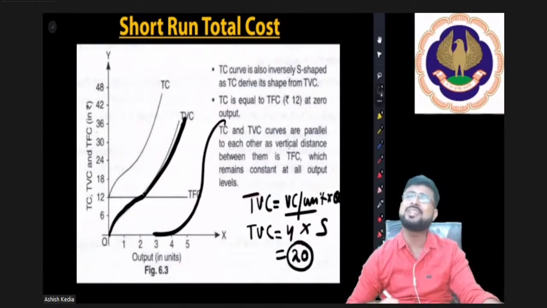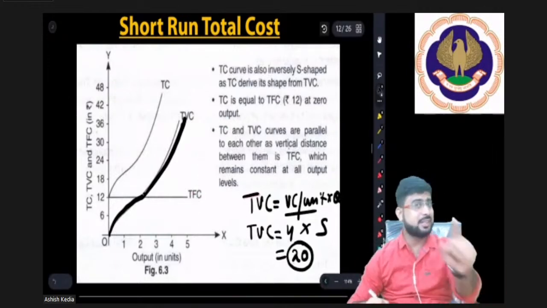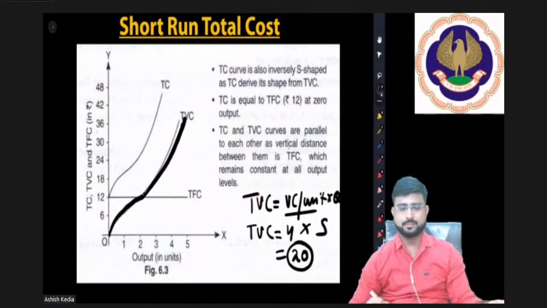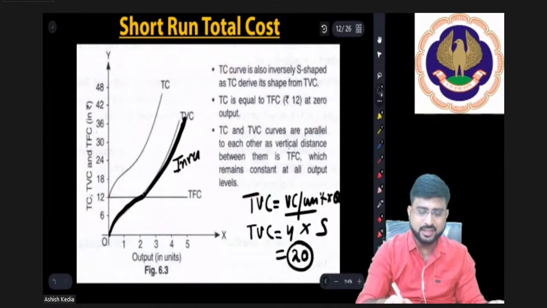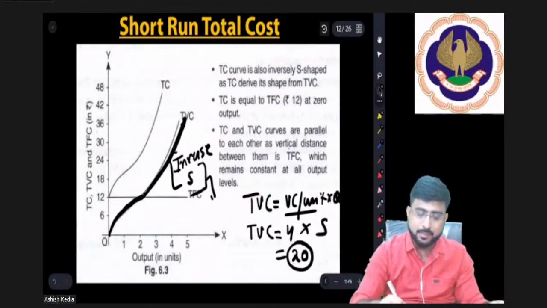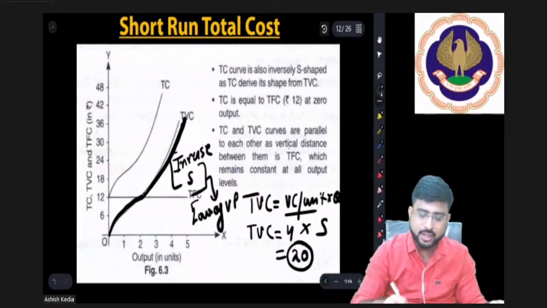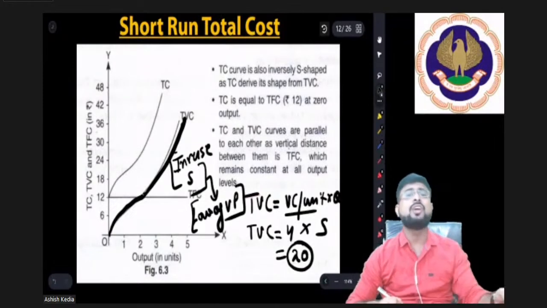It's just the opposite here. Yes or no, everybody? It is called inverse S, opposite to S. So if somebody asks you why is it inverse S, you will tell them due to law of variable proportion.